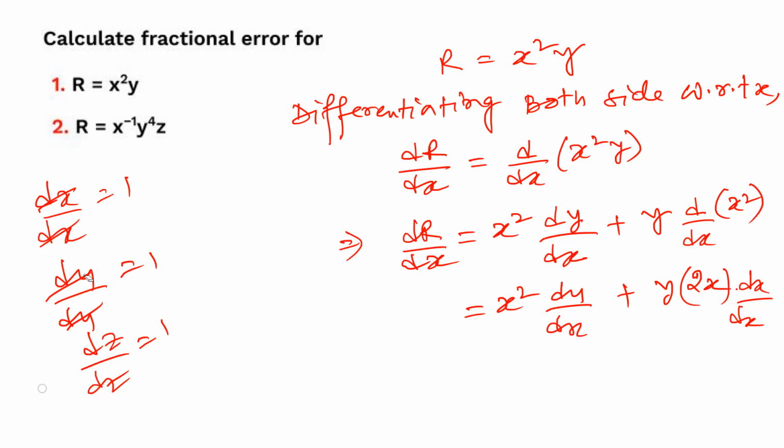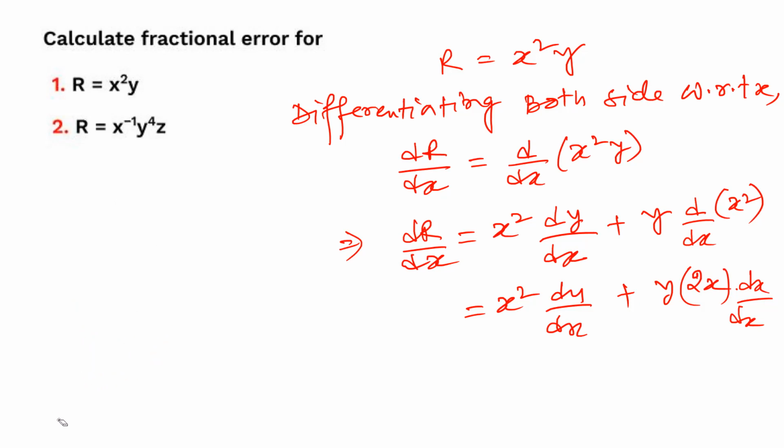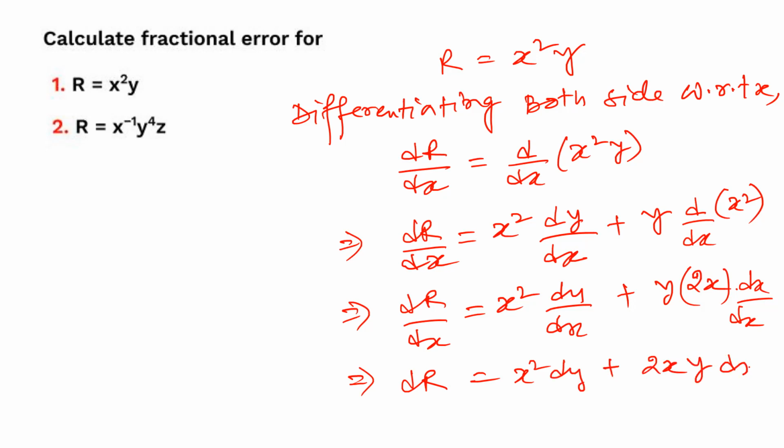Now let me erase that total thing that I have written, then we'll continue that derivation. So in the left hand side it is equal to dr/dx, and here I'm just getting this expression. Now what should I do? I should multiply dx on both sides. Then I will get dr equal to x square into dy plus 2xy into dx.